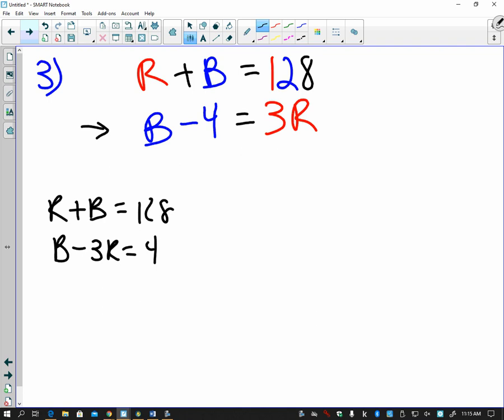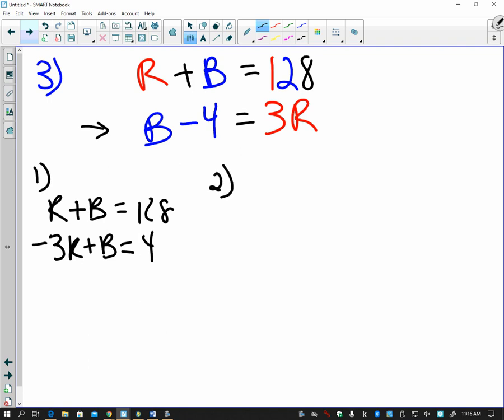Now I have a system of linear equations. So that we don't mess it up, we would have negative 3R plus B equals 4. That would be a mistake that you could make, is that if you had it in the other order, it would mess up your matrix. So this is option 1.